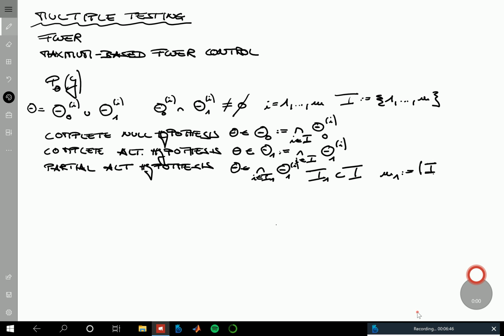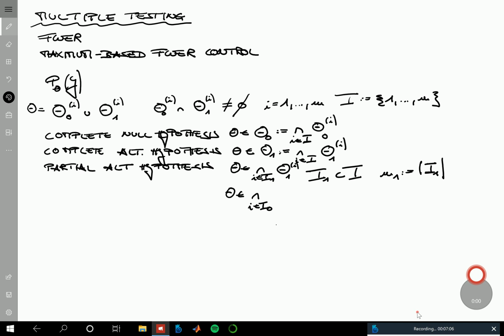And then necessarily a partial alternative hypothesis scenario means that the null hypothesis holds in the remaining ones. So you could also call this whole thing the partial null hypothesis scenario.